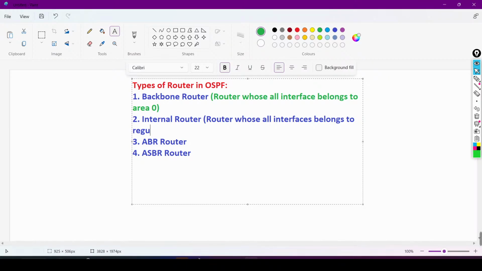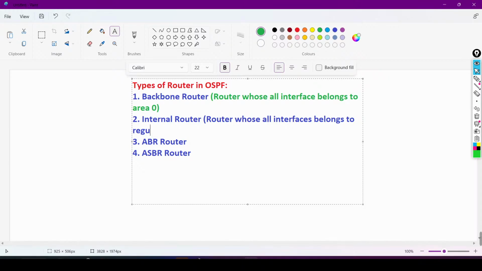Area 1, area 2, area 10, area 100. Okay. Any area except area 0 is known as a regular area. And area 0 is your backbone area. Just for now, consider there are only 2 types of area in OSPF: backbone area and internal, regular area. So backbone area means area 0 and regular area means any area except area 0.